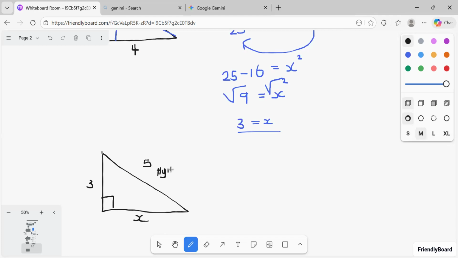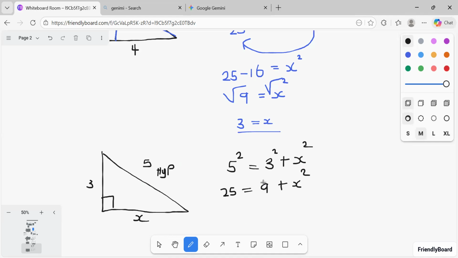I'm going to apply Pythagoras theorem, which states that the hypotenuse squared is equal to these two other sides squared added together, like this. 3 squared plus x squared. Okay, 5 squared is 25, is equal to 3 squared is 9, then plus x squared.